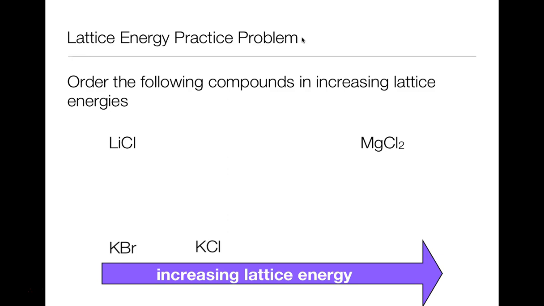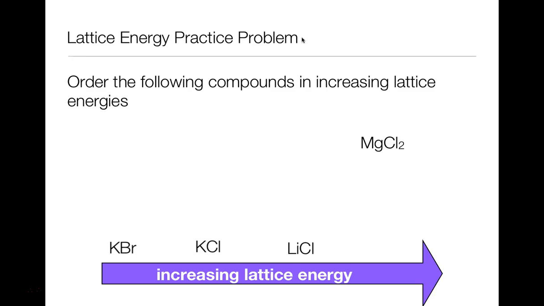Both have +1 on their cations and -1 on their anion, so we only care about distance. LiCl has a smaller distance between the center of the two ions than KCl. So, following our trends, lithium chloride should be bigger than KCl, and we've already determined that KCl is going to have a higher lattice energy than KBr.